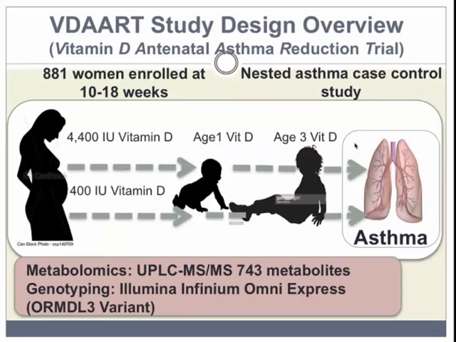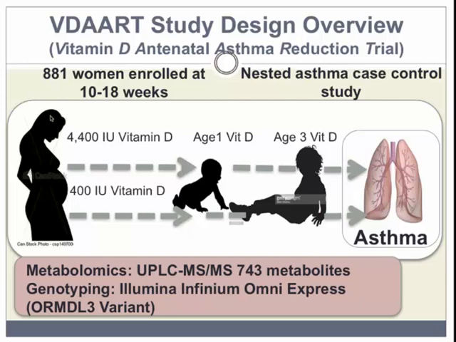To go a little more into the design of that trial, it was called the Vitamin D Antenatal Asthma Reduction Trial. Women came in very early in pregnancy, 10 to 18 weeks, and were randomized either to the standard FDA recommended amount of vitamin D, which was 400 IU, or that standard recommendation plus 4,000 additional IUs.